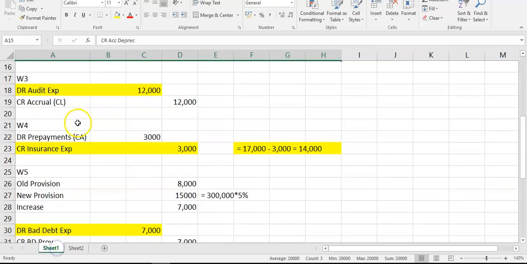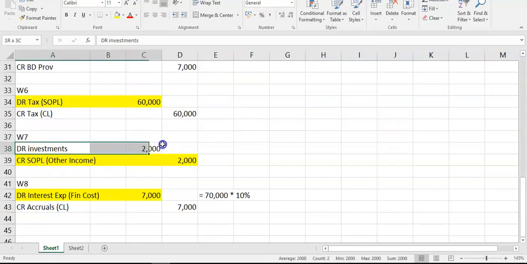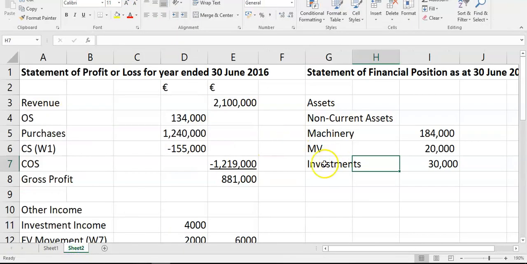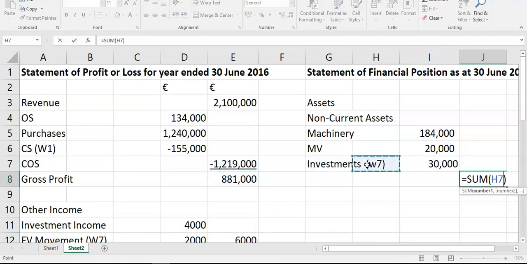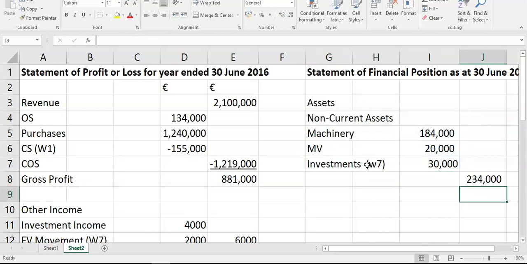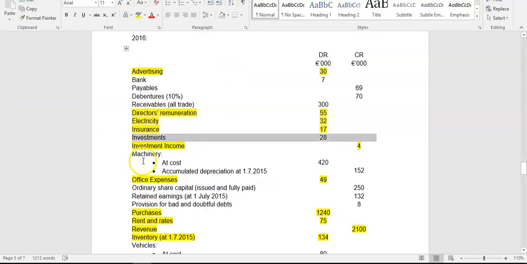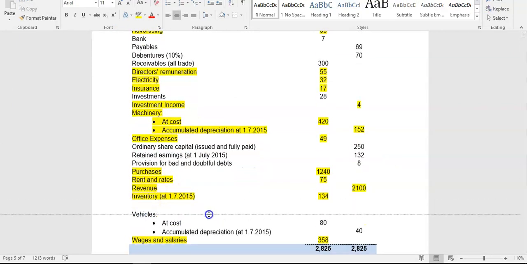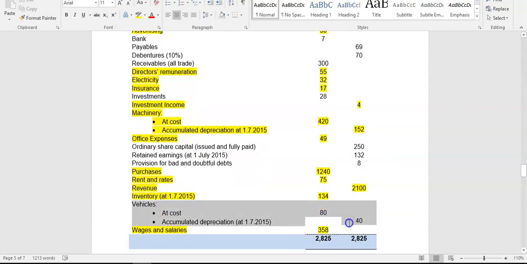So if you come back here, we increase the value of the investments by 2. So it's going from 28 up to 30. So if you want a reference there in the question, that investment is coming from working 7. So your total non-current assets are 234. And we've dealt with machinery, we've ticked it off, and we've dealt with motor vehicles. And that's all ticked off.